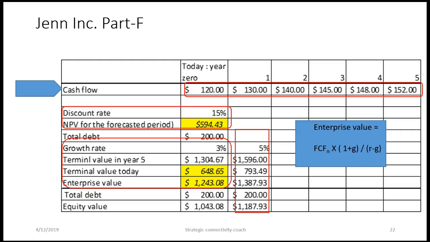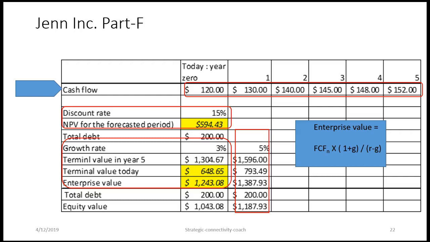Basically, we can use Excel where the future value is 1304, the rate is the discount rate of 15%, N is 5 years because it's 5 years away, and the present value, which will be the terminal value today, will come out to be 648.65.